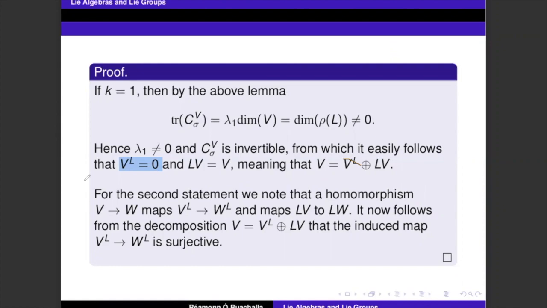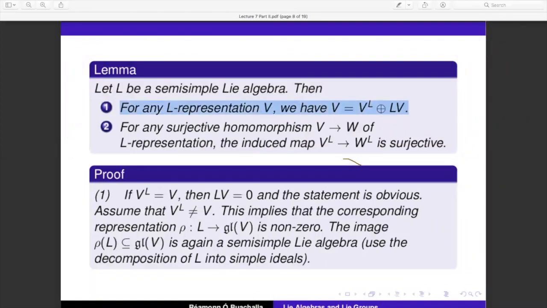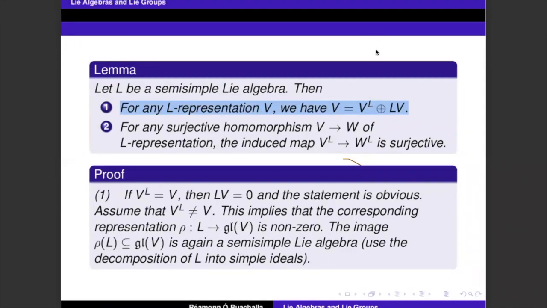Okay, so let's go back up to the statement. We've now proved this. We now have this decomposition into the elements killed by every element of the Lie algebra and the image of the representation under every element of the Lie algebra.